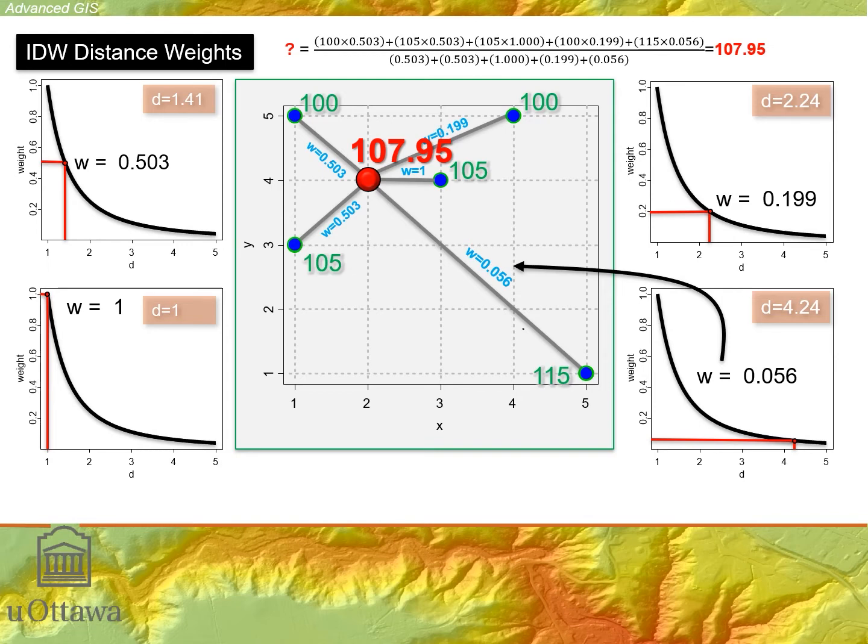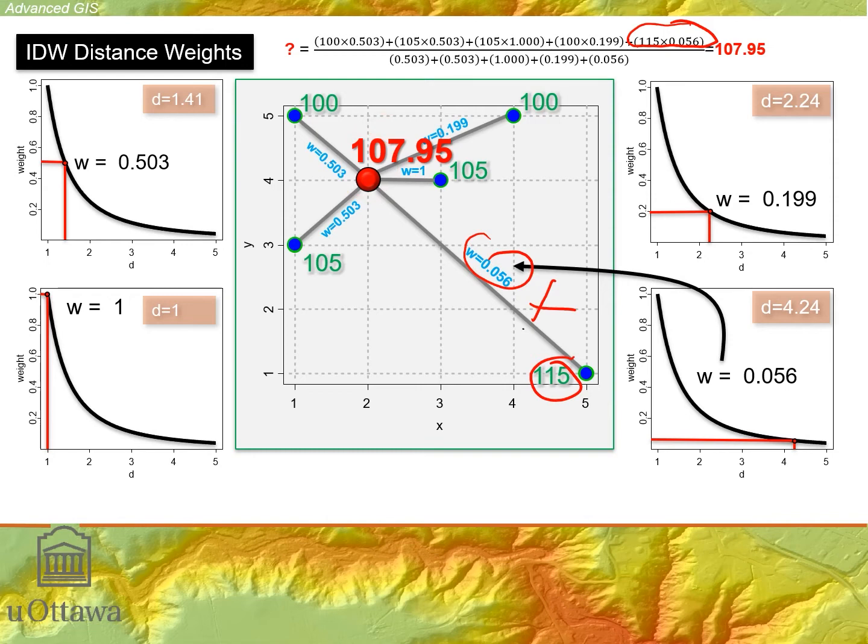And it has a weight of 0.056. So it's that value times this value. We add it up here. So it has a very little influence at 4.24 distance units away. Even though it's a large value, it has a very small influence on what this value over here would be.